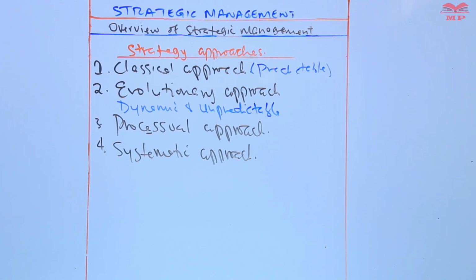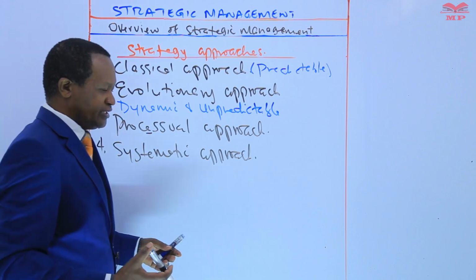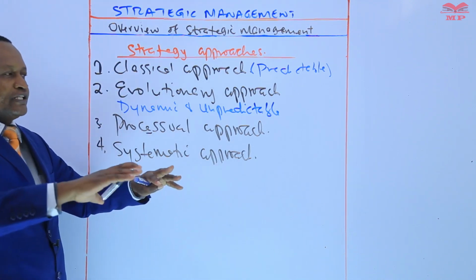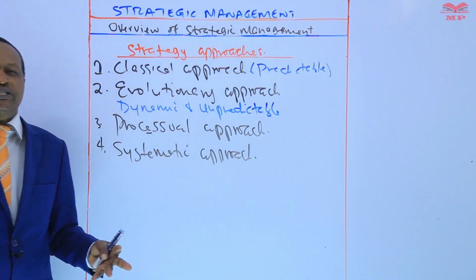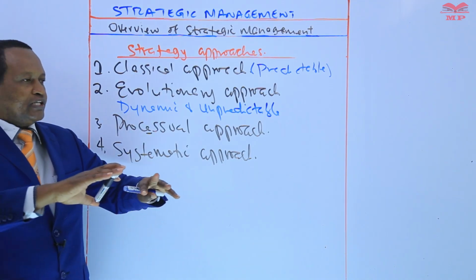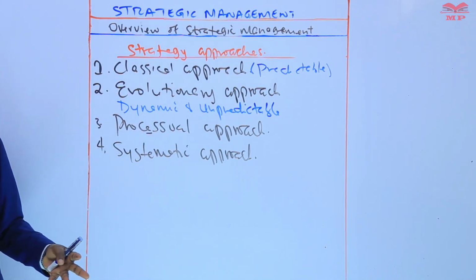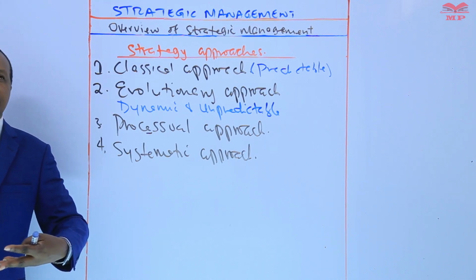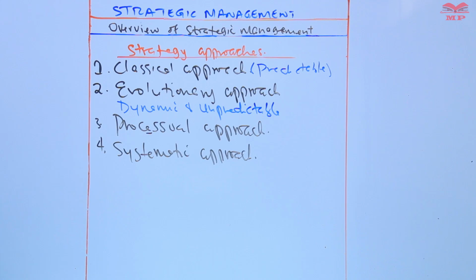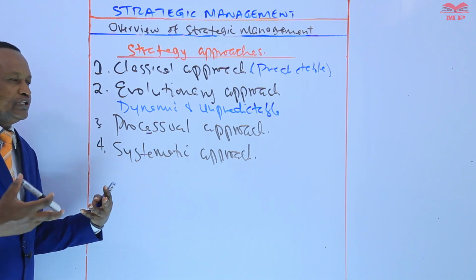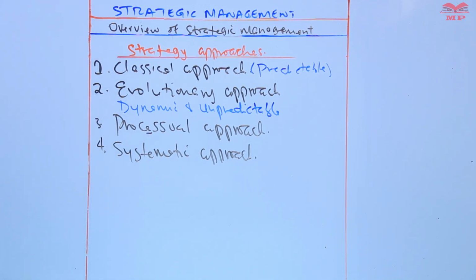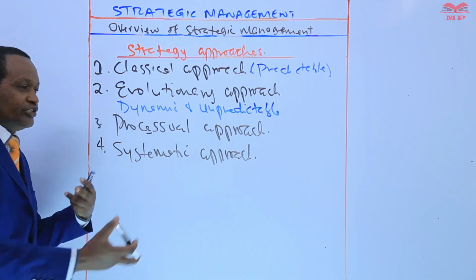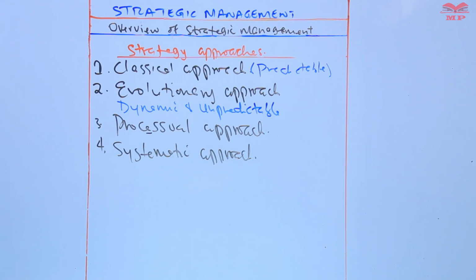This one views strategy as embedded in the wider social and economic system, the broader social and economic system. The systematic approach acknowledges the influence of political and institutional factors on strategic choices.